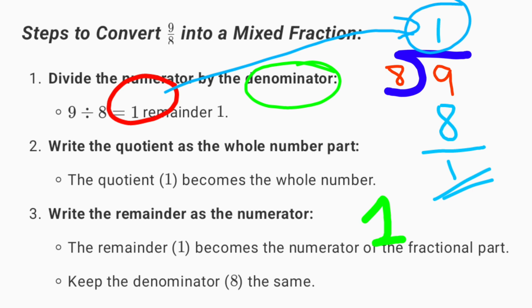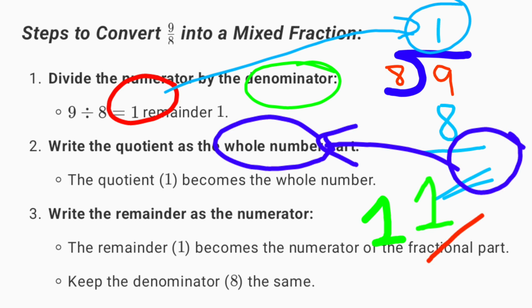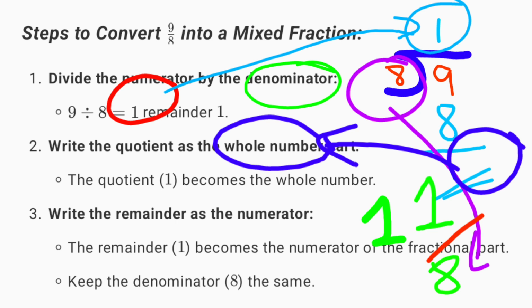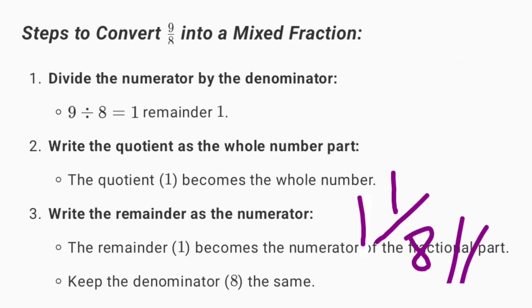Then step number 3, write the remainder as the numerator. The remainder 1 becomes the numerator of the fractional part. Now keep the denominator 8 as it is. Then combine the whole number and fraction. That itself is a mixed fraction.